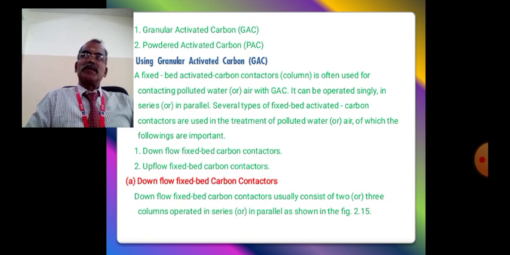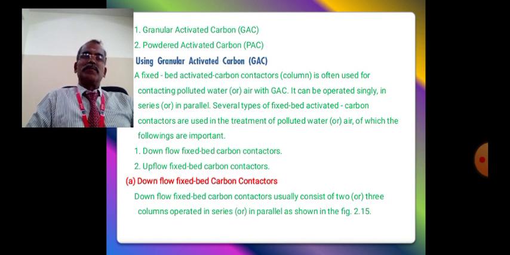In this method, a fixed bed, a tightly packed GAC bed, is held at the middle of the compartment or container. The polluted water or air is passed over the GAC bed and the pollutants are strongly adsorbed by the GAC.